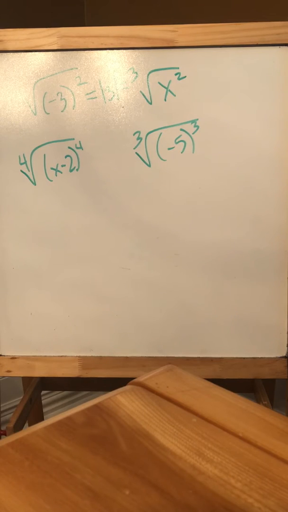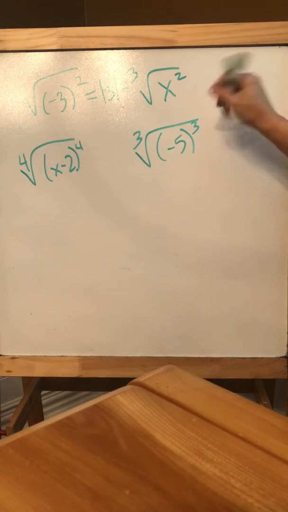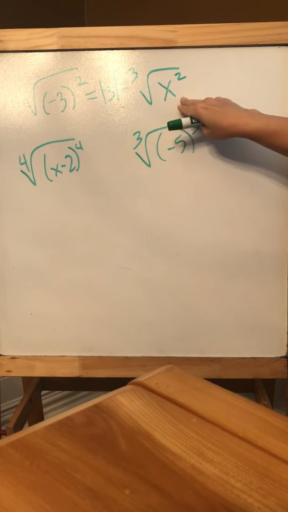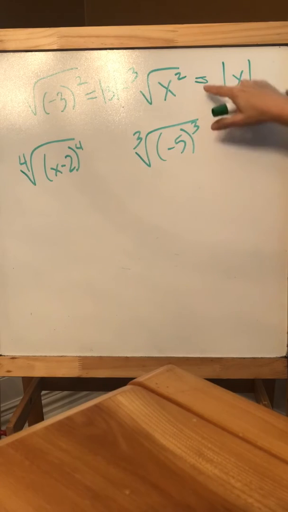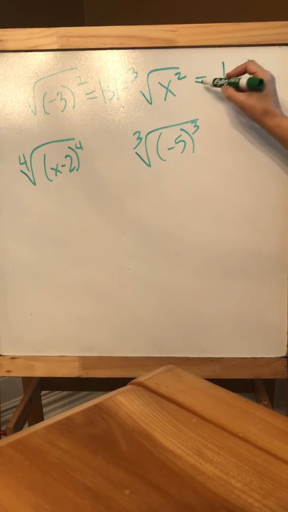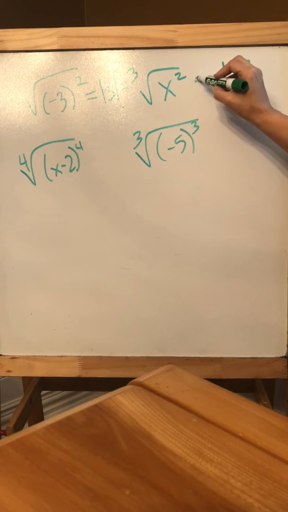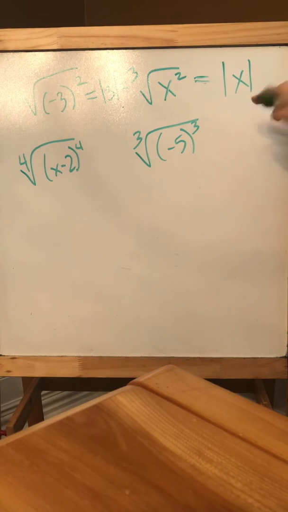Okay, let's look at x squared. We don't know if this is positive or negative, so your answer is just absolute value of x, because your answer could be positive or negative depending, and since it's a variable, we don't know, so just absolute value of x.